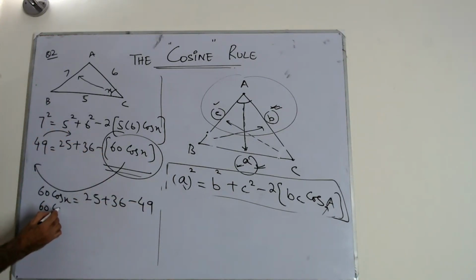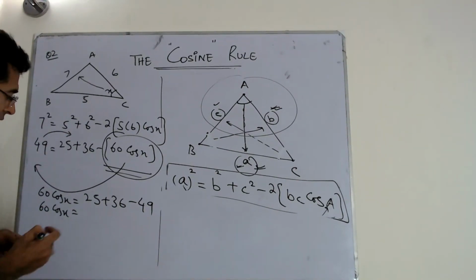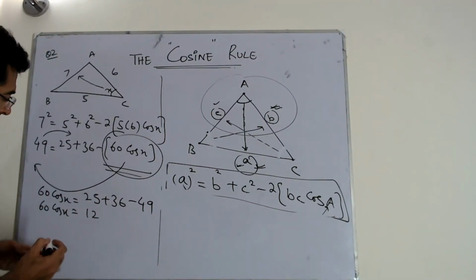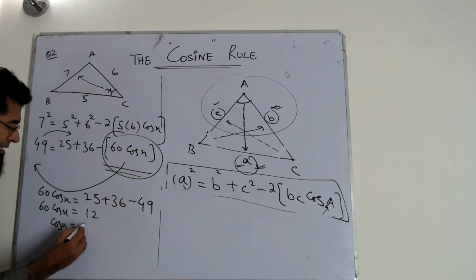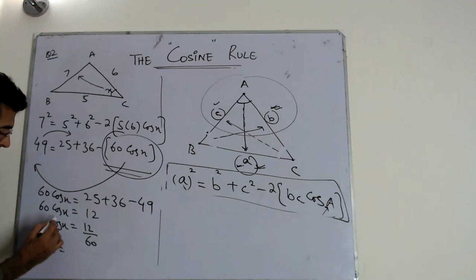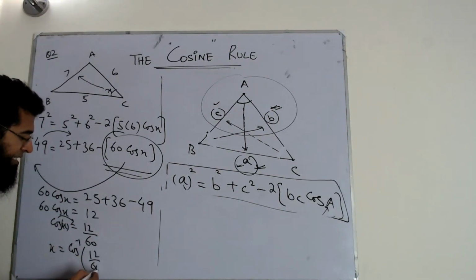Let's pick up the calculator and see what the answer is. 25 plus 36, this is 61, minus 49. So this comes out to be 12. We've been doing these questions for a while, so we know how to calculate angle x. This 60 will go in the denominator and cos x becomes cos inverse of 12 over 60.